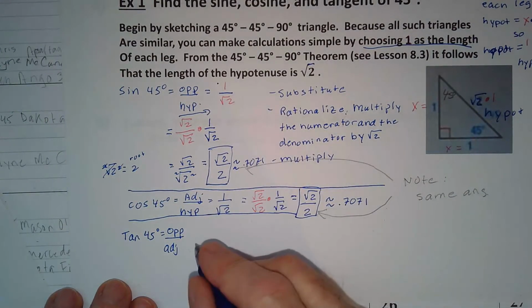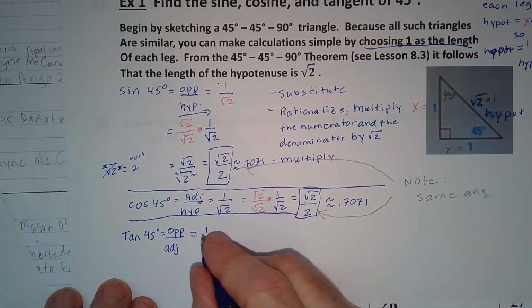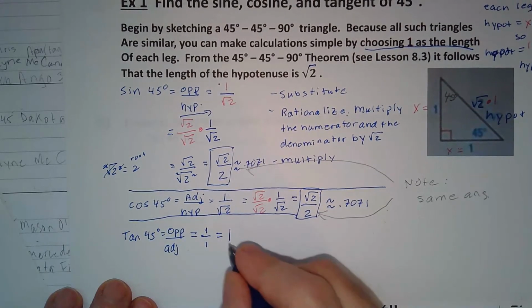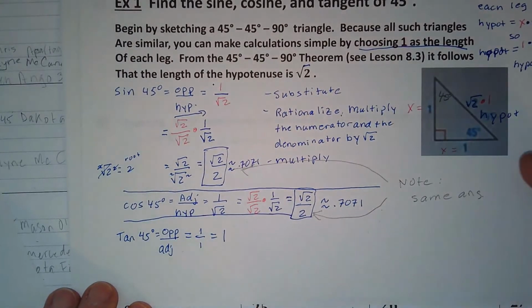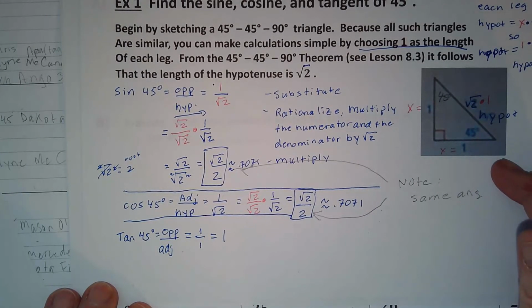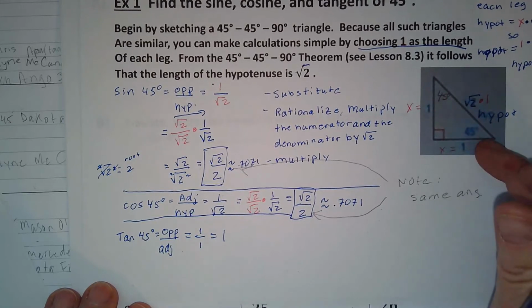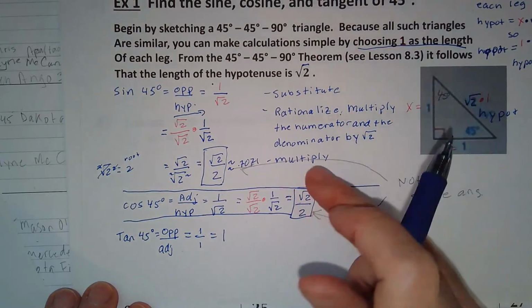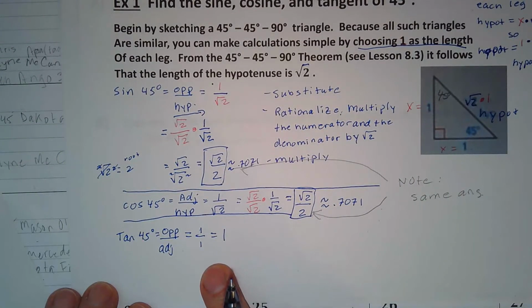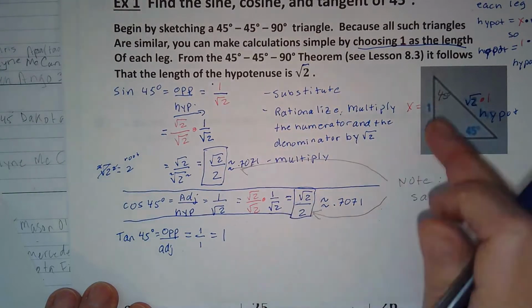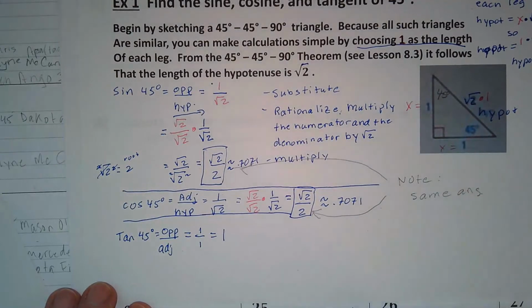That's just 1 over 1, which equals 1. So you can see here with this special right triangle, because you've got the angles the same and the legs the same, your sine and cosine are the same. And your tangent is going to be a 1 because your ratio for the two sides is 1.